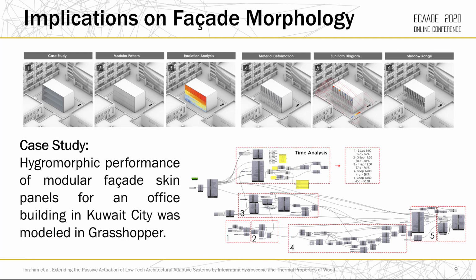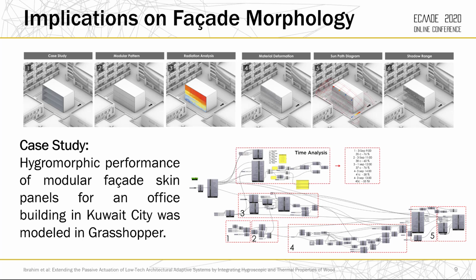In terms of implications on facade morphology and design exploration, it was apparent that computationally the integration of temperature and humidity as two main input parameters introduces variations to the design exploration process of facade morphology, where two output parameters are physically in play: shape-shifting in terms of bending morphology and motion response rate.